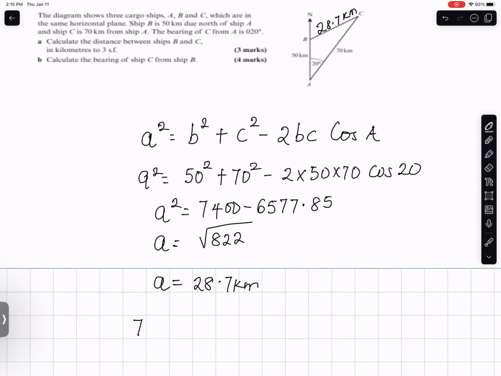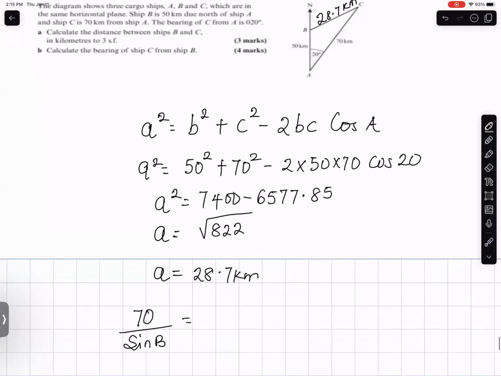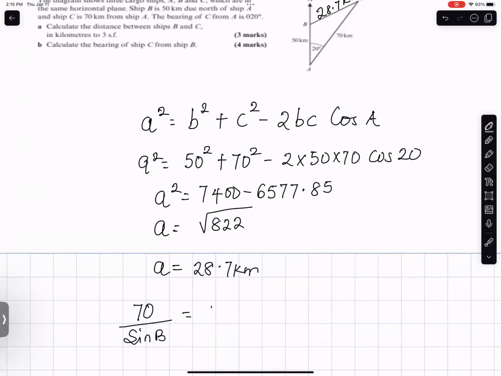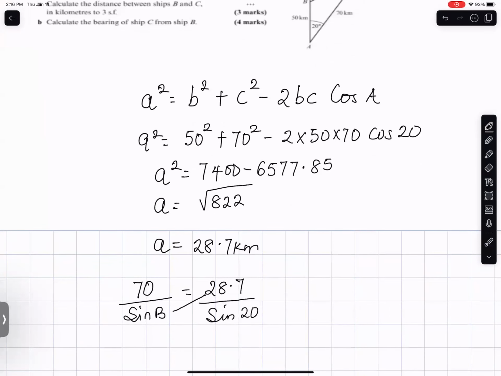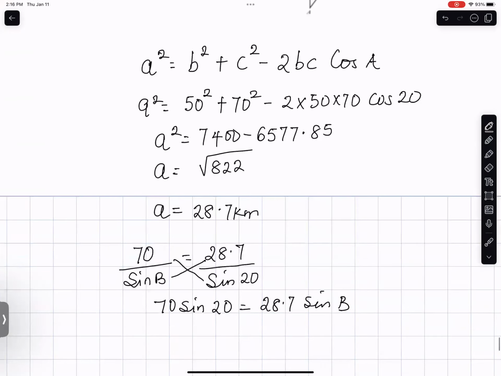So I have 70 divided by sine B equals 28.7 divided by sine 20. Cross multiplying, I have 70 sine 20 equals 28.7 sine B. We divide both sides by 28.7.